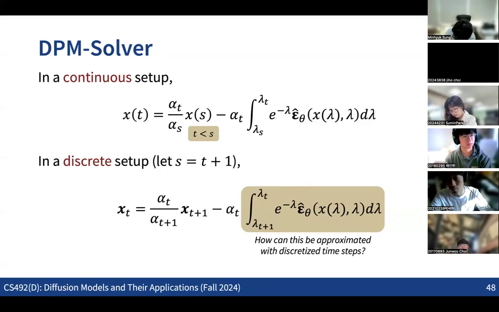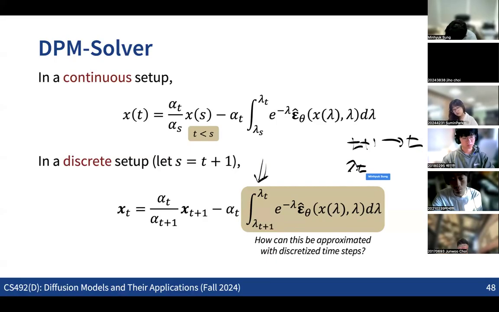The whole thing is that we still have this complicated integral here. So how can we get an approximation of this integral? The easiest way to handle it is to assume that it is only for the time step from t plus 1 to t, which in lambda space becomes from lambda t plus 1 to lambda t.